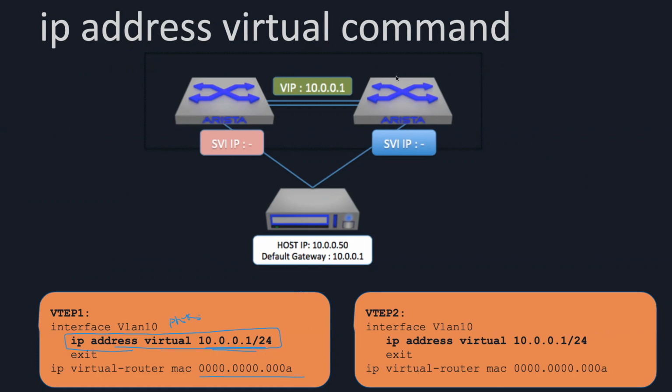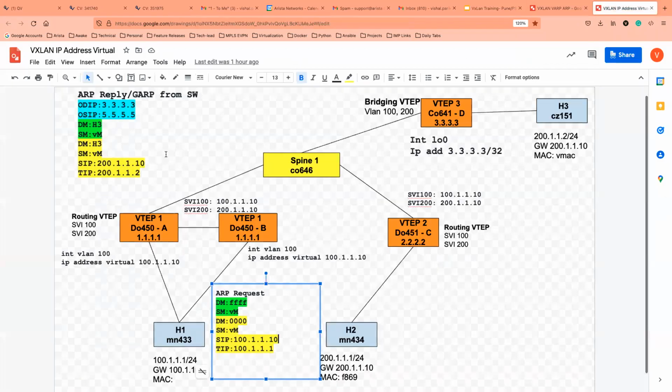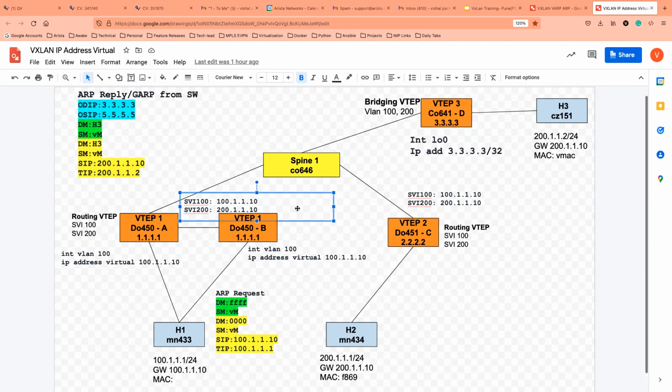Now let's discuss this with the same topology, right? This is our topology, correct? Let's say H3 wants to communicate to H1. It will send out an ARP request, get the reply back, and then send the ICMP packet data.